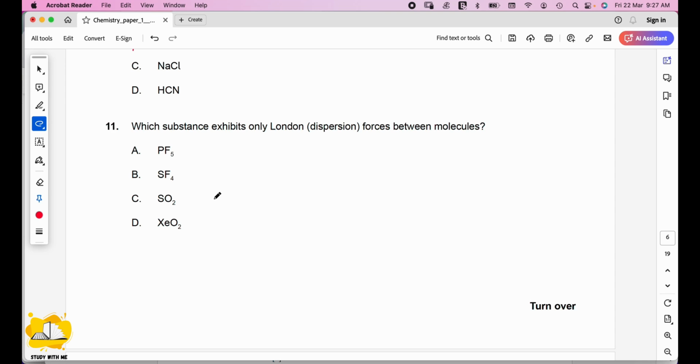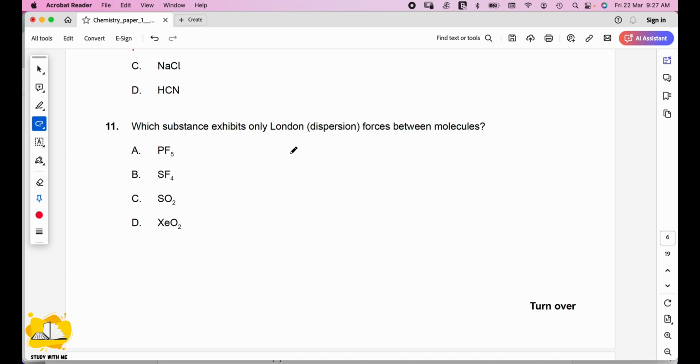And for number 11, which substance exhibits only London dispersion forces between molecules? When we talk about London dispersion forces, we're talking about nonpolar molecules. Nonpolar molecules can be checked using electronegativity, but you don't have a data booklet, so the only way to check whether these compounds are nonpolar is by checking their geometry.